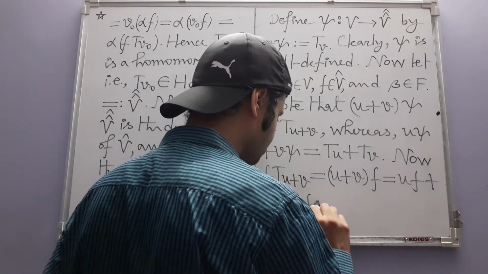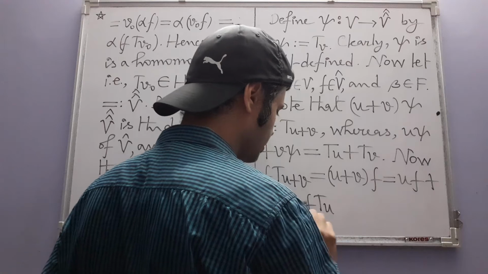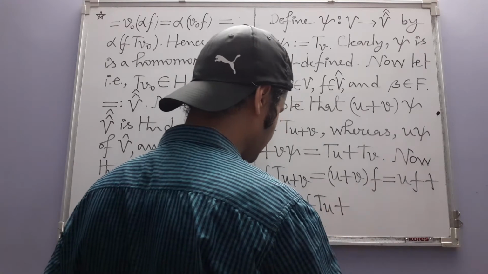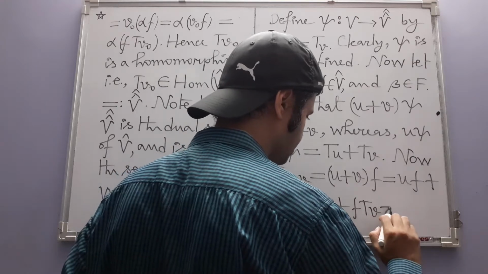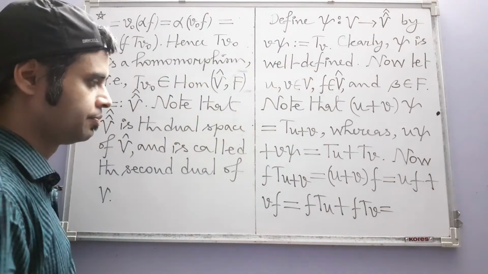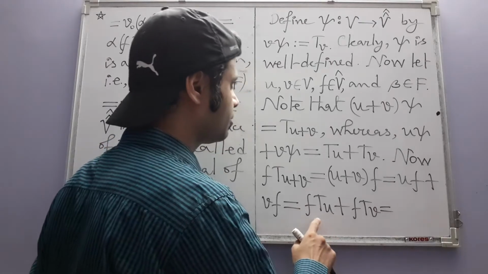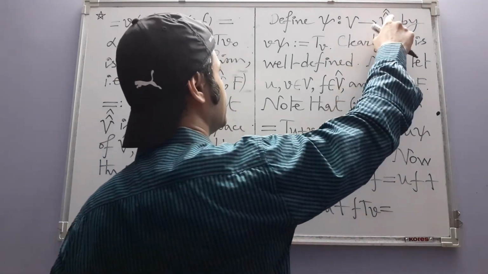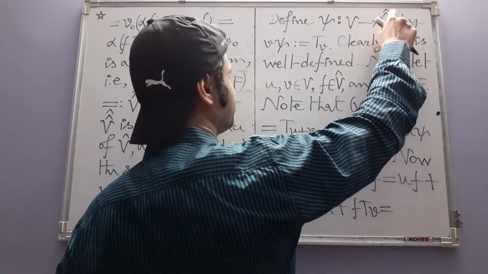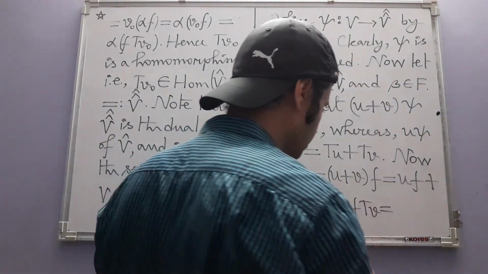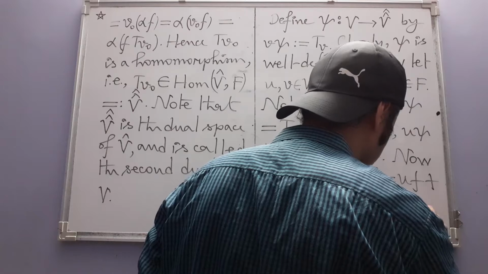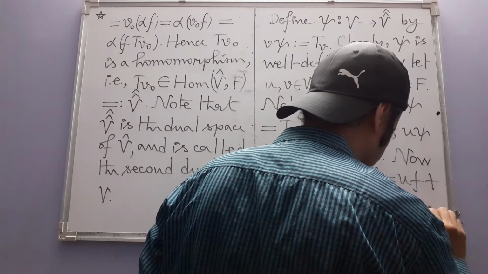It is Tu of f, the image of f under Tu, and f of v is the image of f under Tv. But by the definition of addition in this vector space, in the second dual, this thing is equal to (Tu plus Tv) of f.